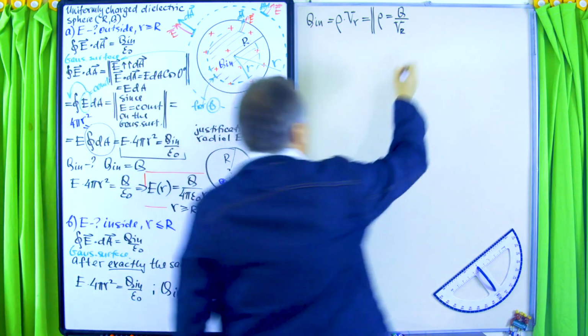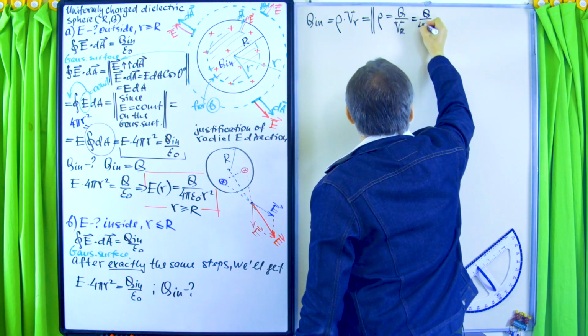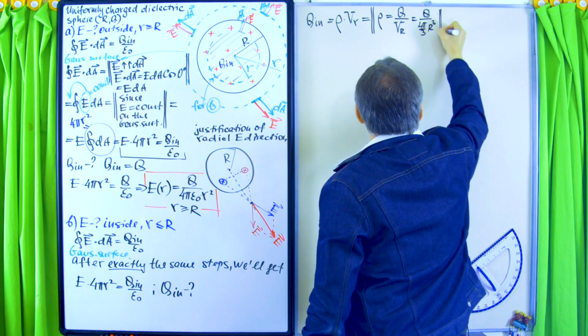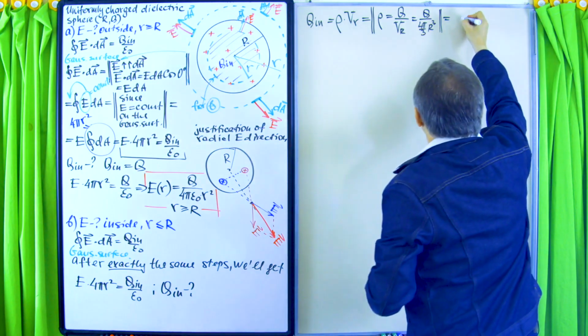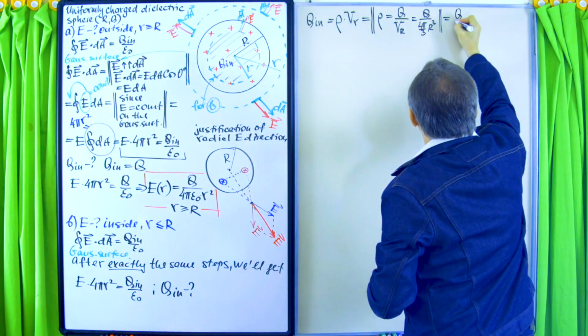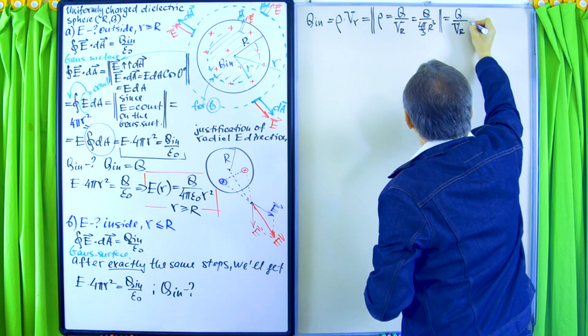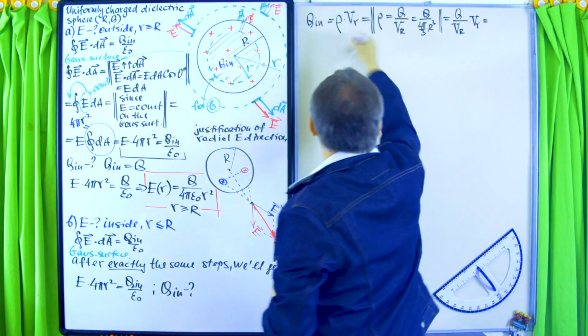Okay, let me write it even explicitly. So it will be Q divided by 4 pi over 3 R capital to the power of 3. Okay, so now let's plug it in, and let me write it first in terms of V. So it's Q divided by V sub R capital and times V sub r small. So just plug it in.